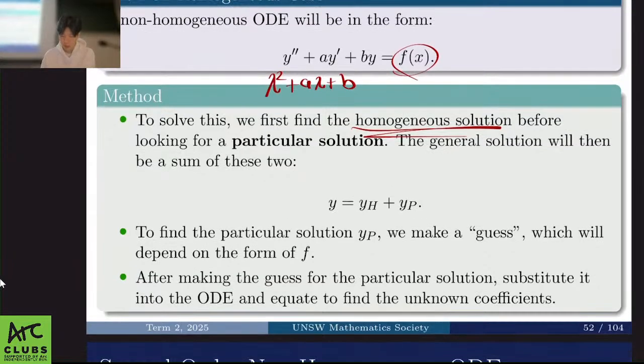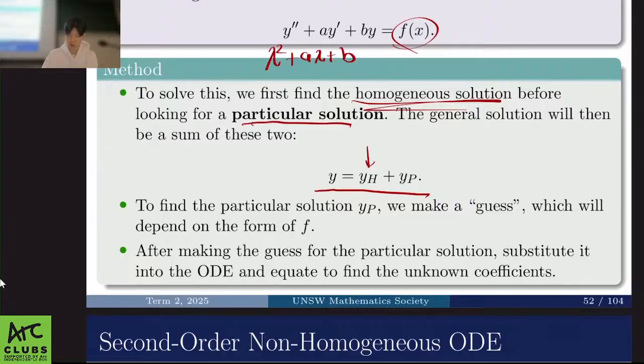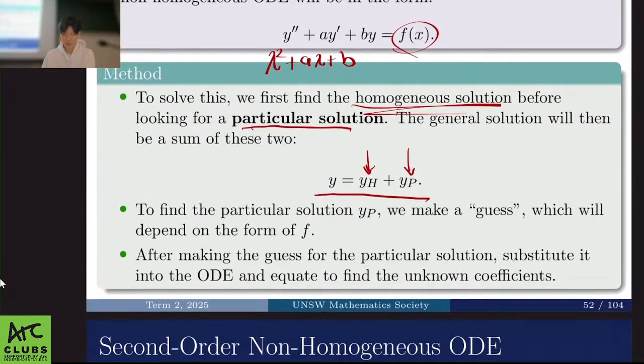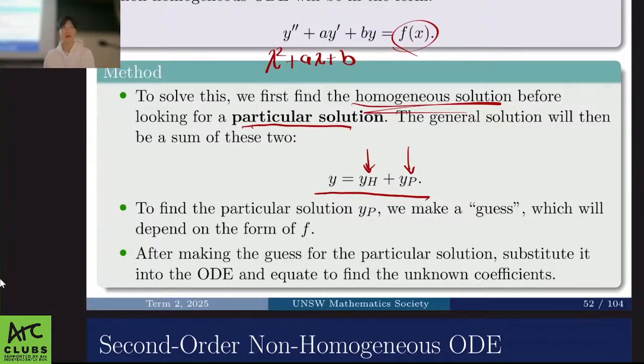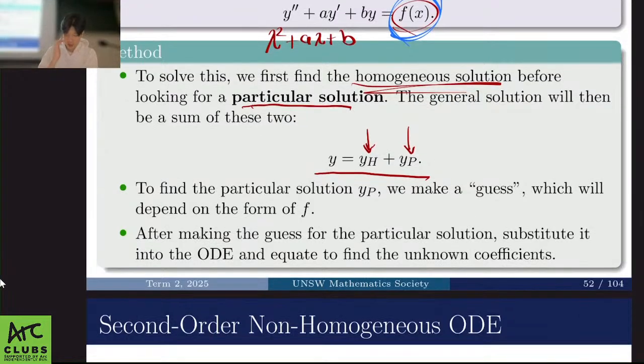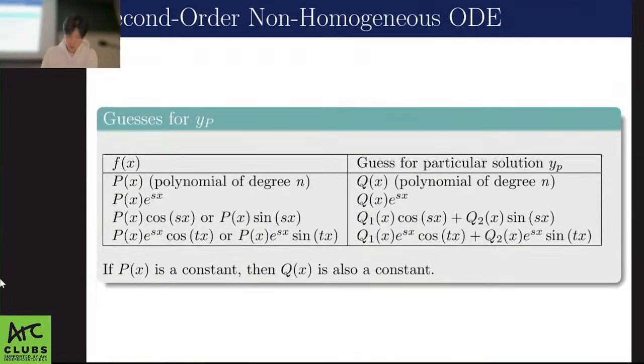But then we want to find a particular solution, because our answer y is going to be the homogeneous solution plus the particular one. The particular solution is always going to be in the same form as f of x. So depending on what f of x is, we make a guess for what the particular solution is going to be.